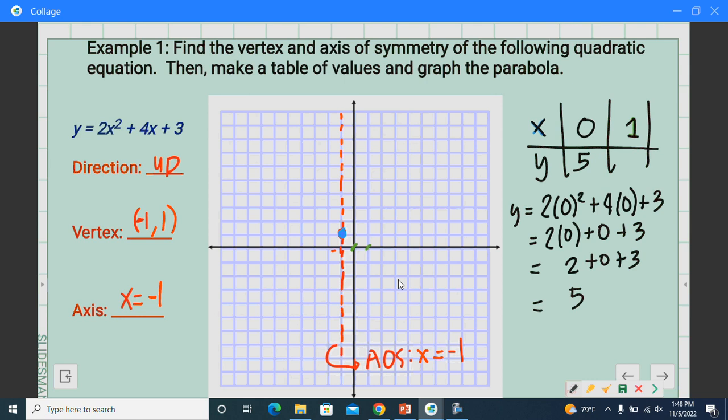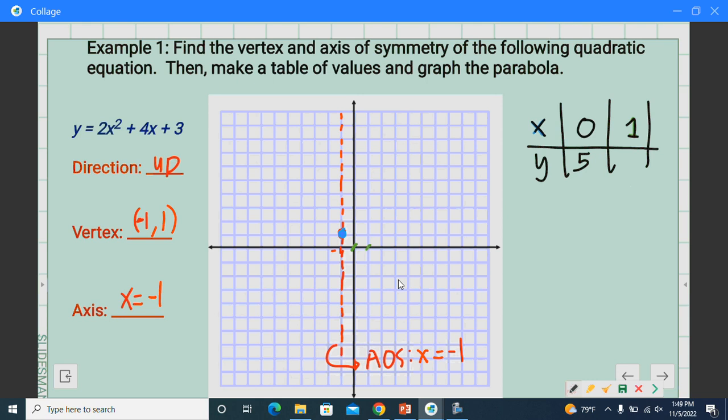Next, what is the value of y when x is 1? So y is from here, okay? You might be wondering. So that is 2 times 1 squared plus 4 times 1 plus 3.